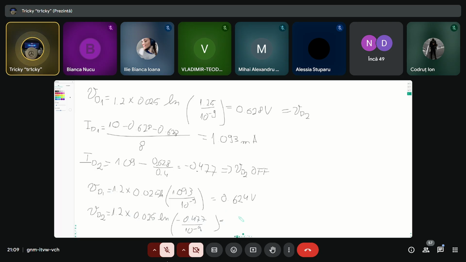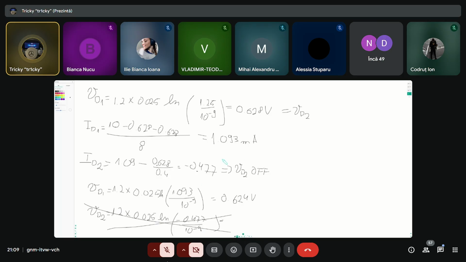All right, this will give us... oh, actually never mind, we cannot do this because this logarithm will give us a negative, and as we know from math, you cannot take the natural logarithm of a negative number, so we do not calculate VD2 here, and we just say that it is off. We don't calculate it anymore.